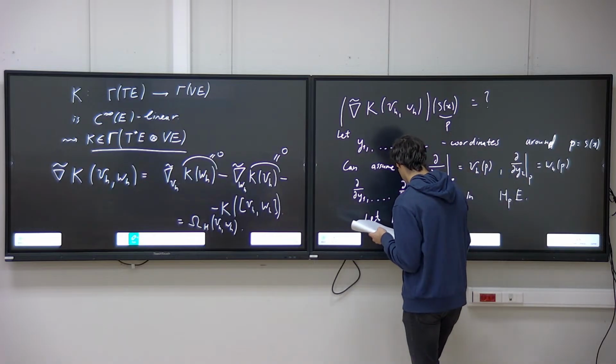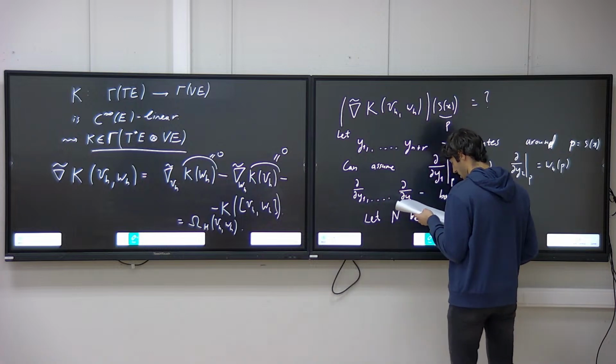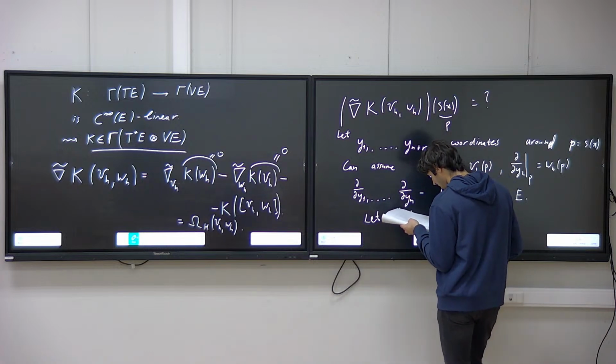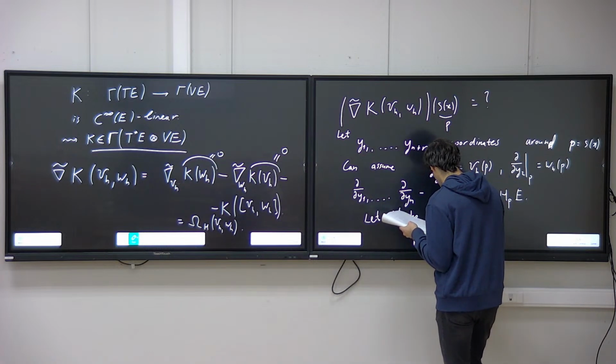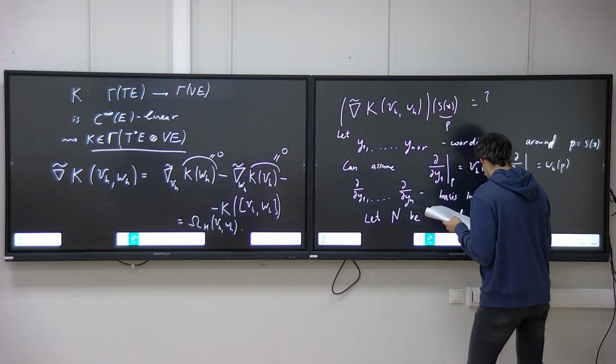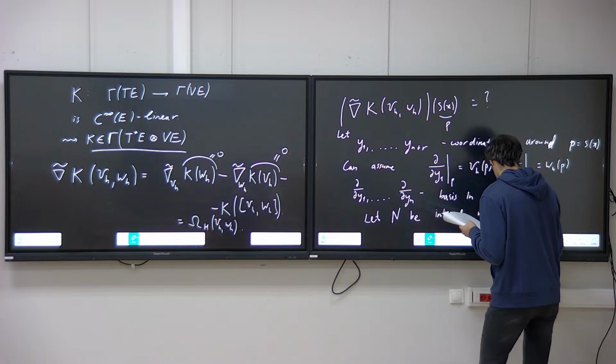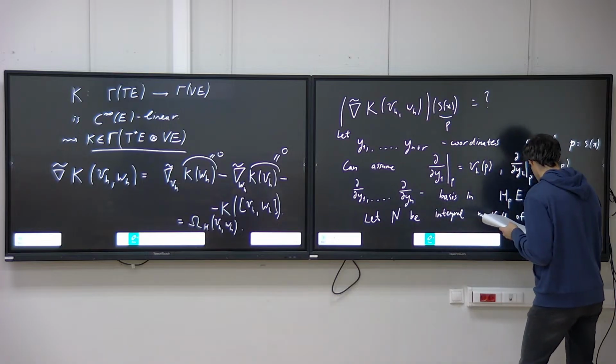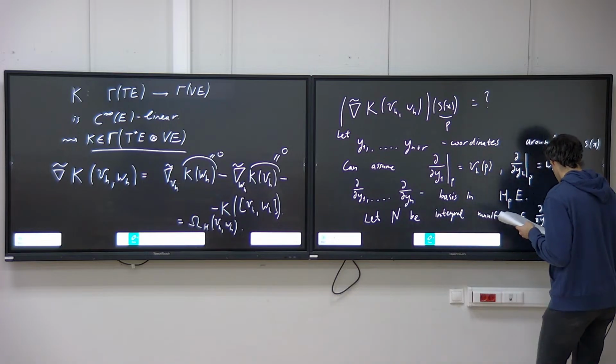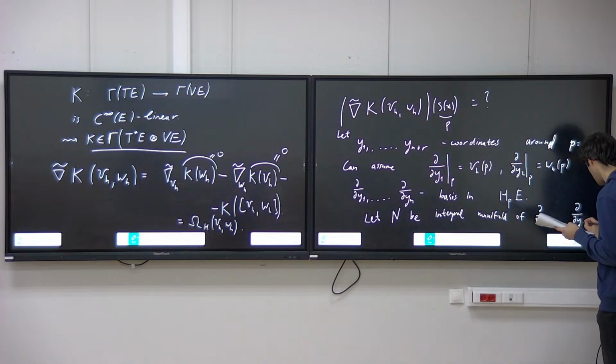So let N be the integral manifold of d over dy1, blah blah blah, d over dyn.